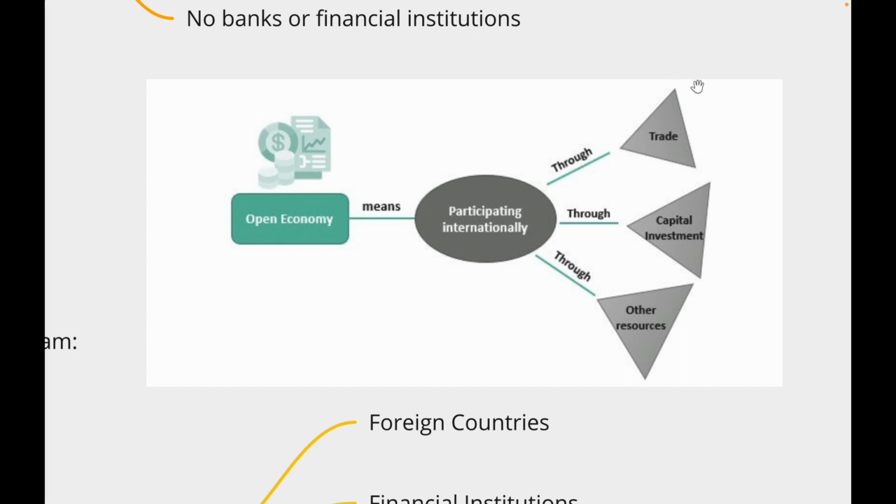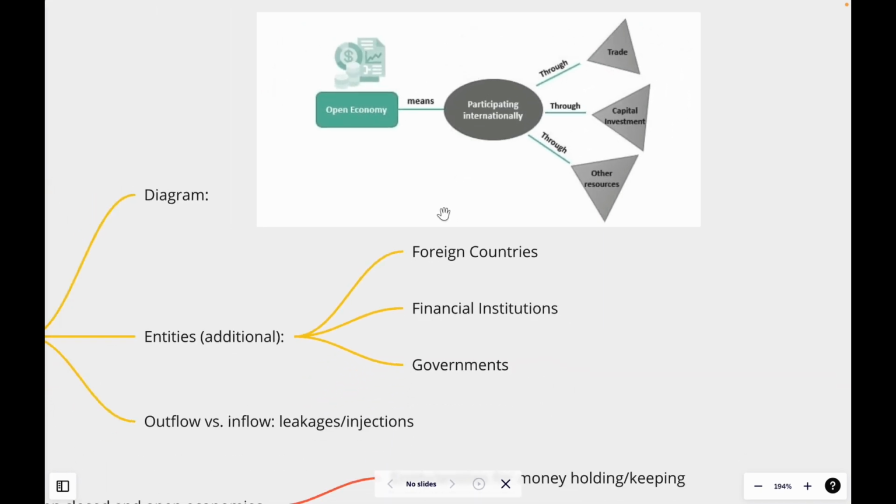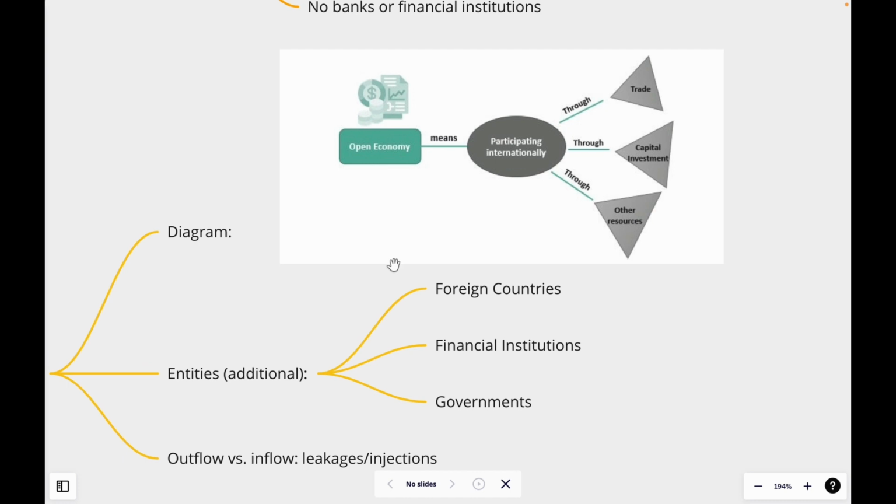But you can see right here, it has more entities included. It is a 5-sector model. So the sectors include the original 2, which is households and firms. But in addition, it added governments, financial institutions, and foreign countries.